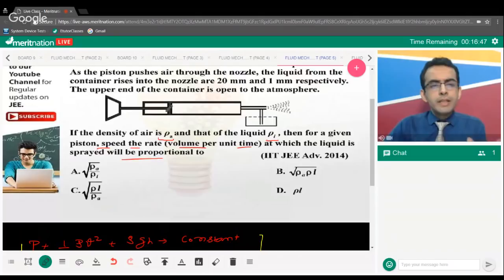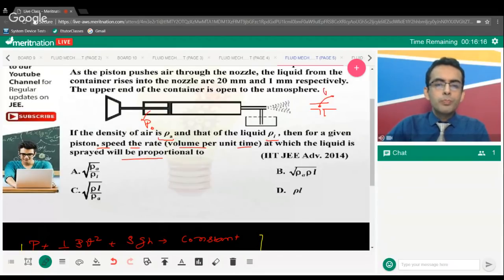Now, see, air is at rest here, so the pressure will be equal to P naught here. Now, at this point just above this tube, what will the pressure be?